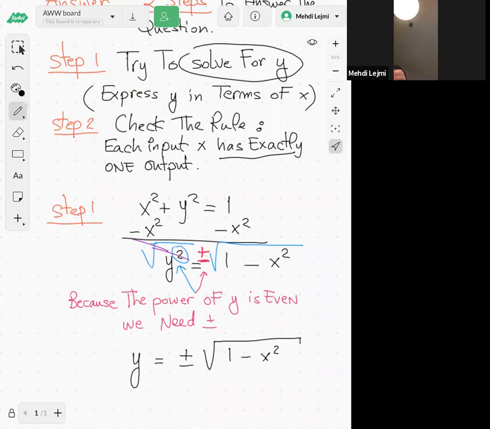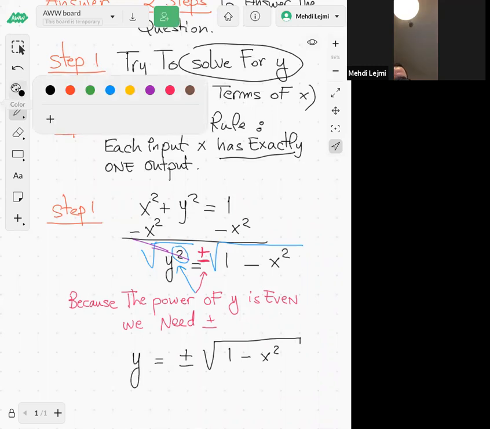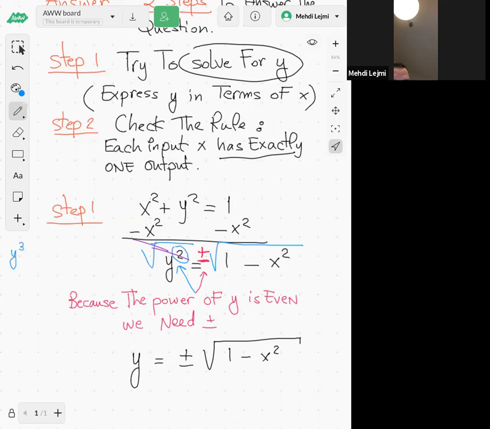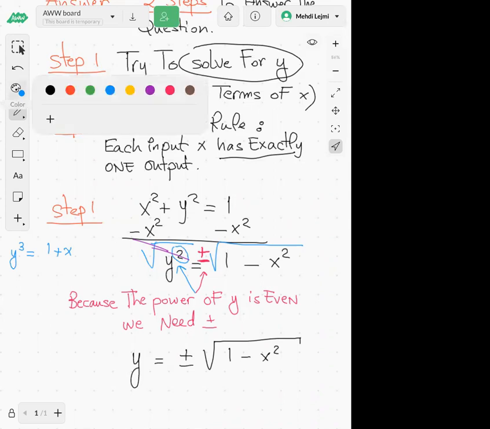As I said, guys, here the power of y is even. If, let's say, you have y cubed equal to, let's say, 1 plus x, and you want to get rid of the cube, we're going to apply the third root.